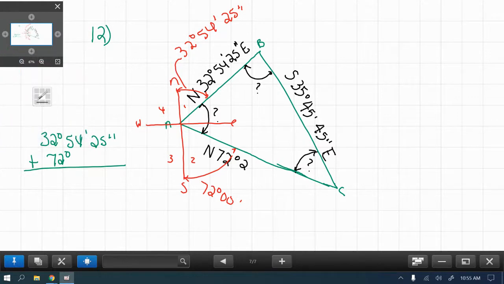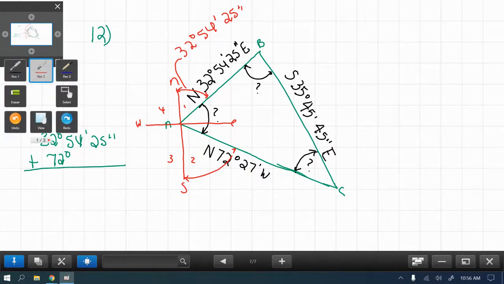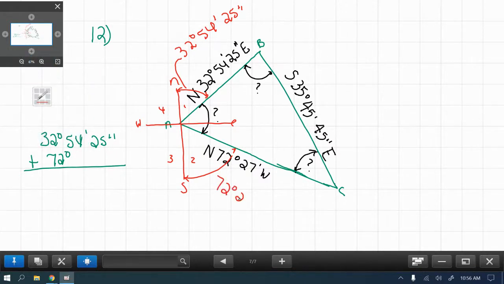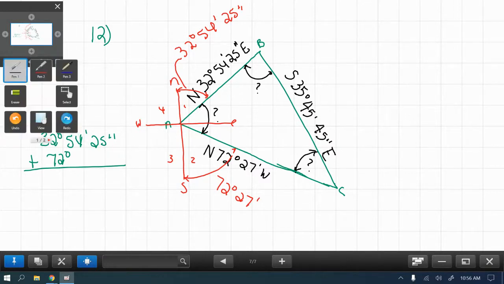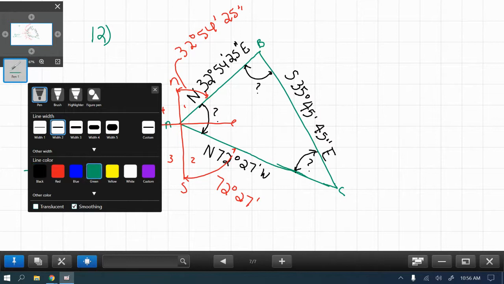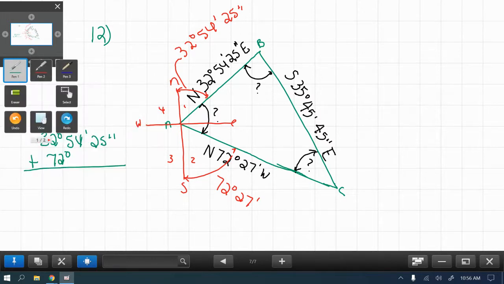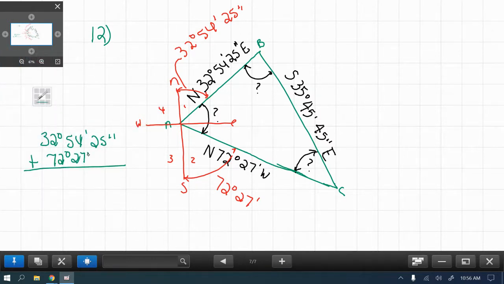Add them together. Anybody got it together on their paper?